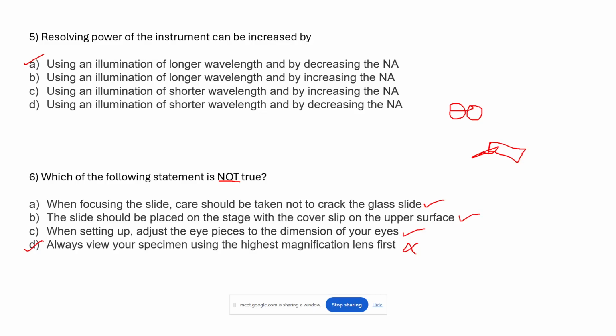That correction should also work for your lower magnification. This was just a side thing, not related to this question. So in this question, option D will be correct: always view your specimen using the highest magnification lens first. This option is incorrect. The rest of these three are correct, and you should remember these things while doing your imaging.